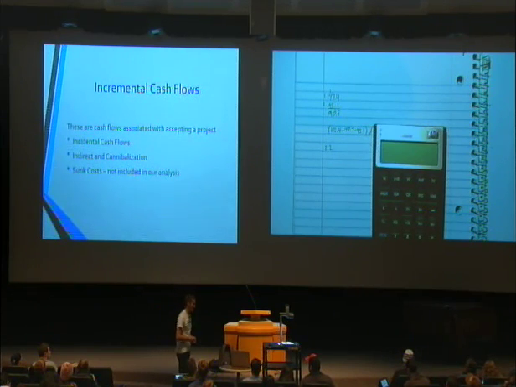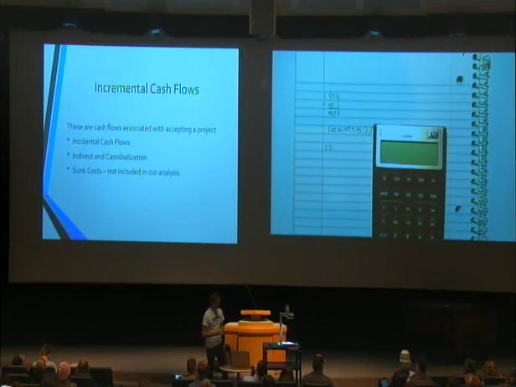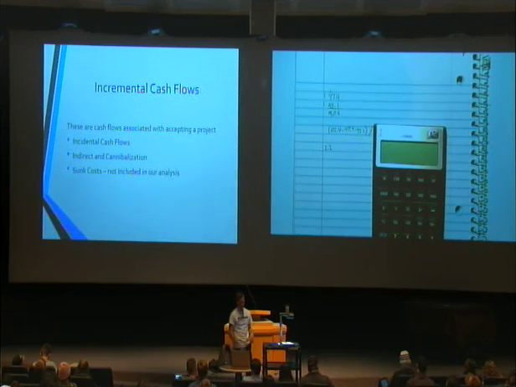It seems funny, but it's true when it comes to capital budgeting that costs you've paid in the past shouldn't affect decisions you make for the future, because they're already sunk, they're already gone. You're not going to get those back. So if you did a market study 6 months ago for a project, you should not consider that as part of your cash flow analysis.